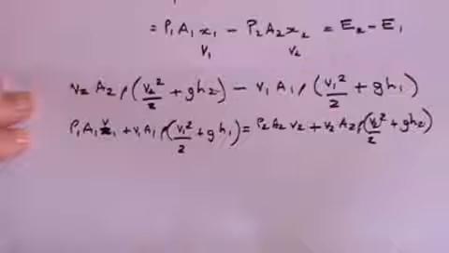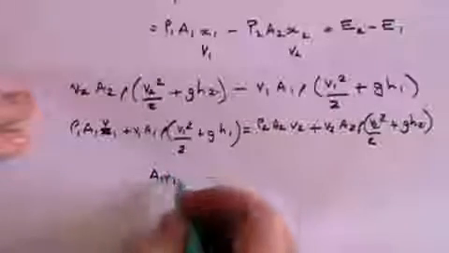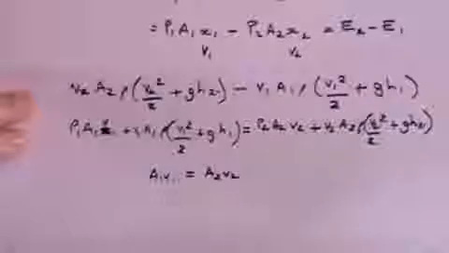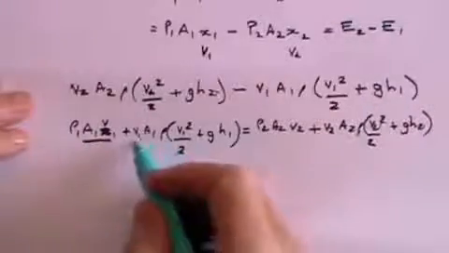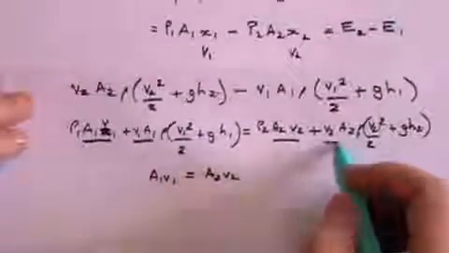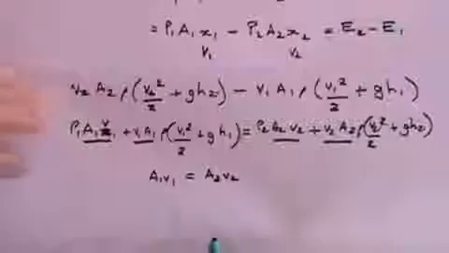There we are. Now that looks absolutely awful, but we can simplify it because we know that volume in is volume out, which means that A1 V1 equals A2 V2. And if you look, you've got that common throughout. A1 V1 there, A1 V1 there, A2 V2 there, A2 V2 there. All of those cancel out.